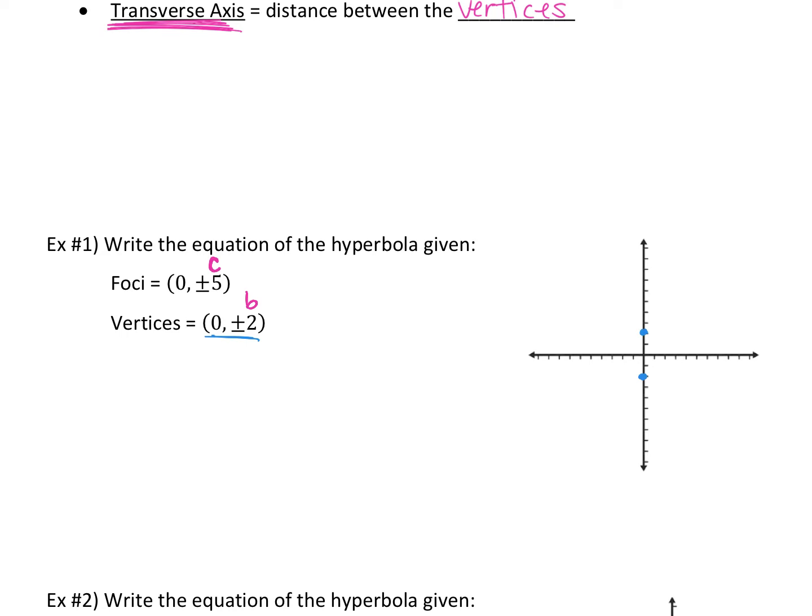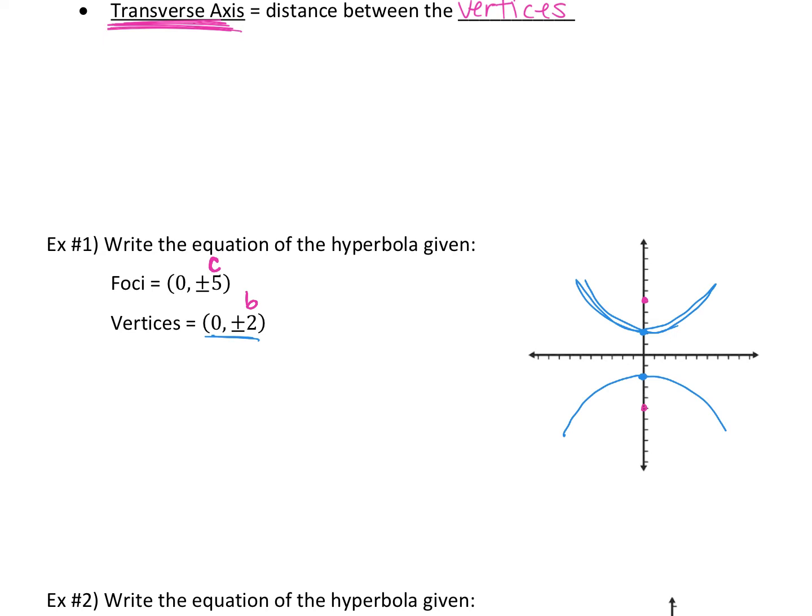I'm not actually going to graph this whole thing, but I just want you to see if those are our vertices, then your hyperbola is going to do something like this. We don't know the exact size of it because I haven't drawn the other part of it. That's okay. Don't worry about the rectangle. But we know it's going to look like this. And we know that our foci are here and here. Nope, I went to 4 instead of 5.